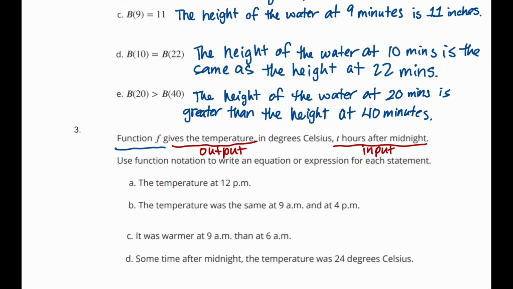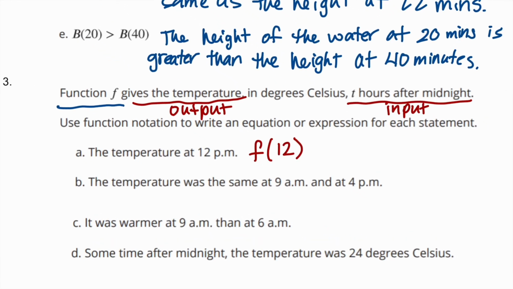So the temperature at 12 p.m., we would say F of, and then 12 p.m. is 12 hours after midnight, so F of 12. We don't know what it is, so we're not going to put equals. It's just going to be that expression that represents the temperature at 12 p.m.